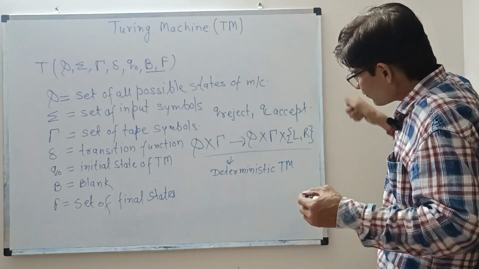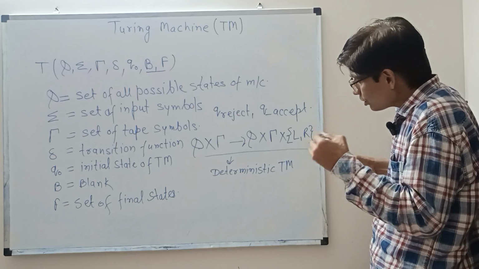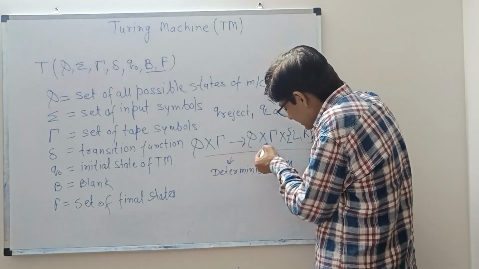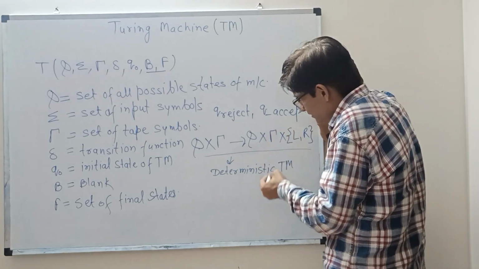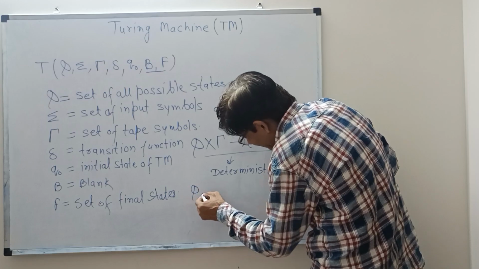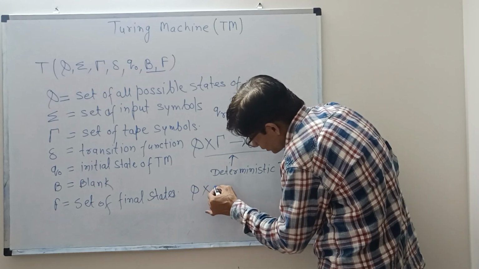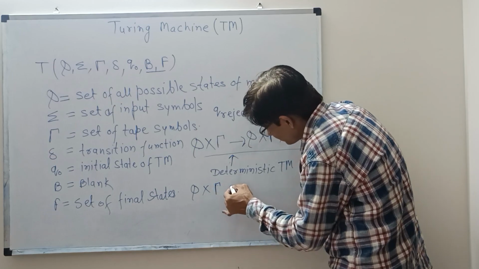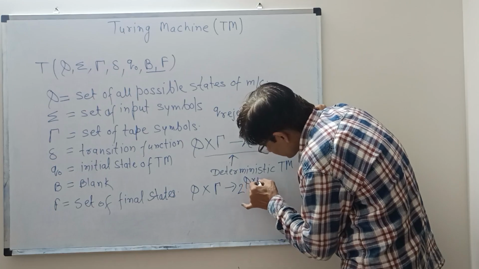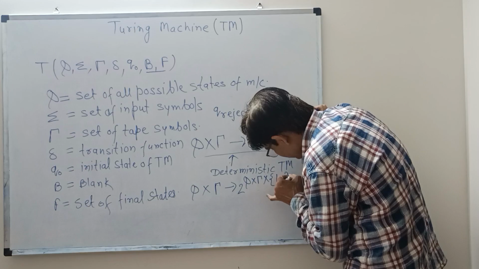If I want to create the transition function for a non-deterministic Turing machine, we can have more than one option of the same kind. I can represent it as Q cross gamma to 2 to the power of Q cross gamma cross left or right.